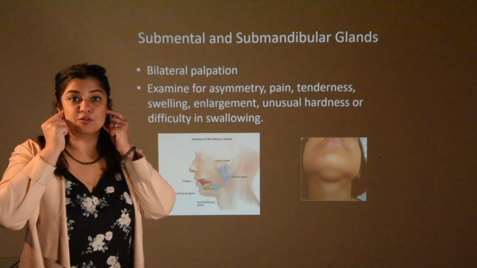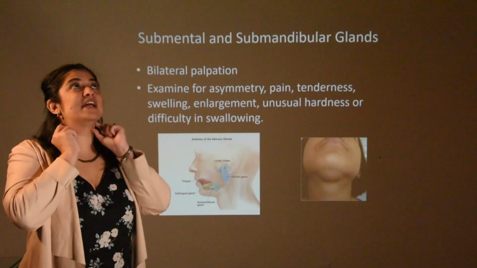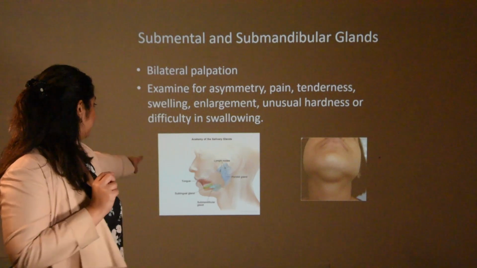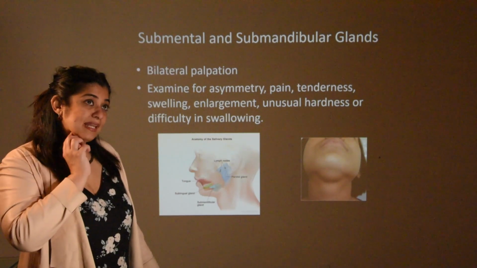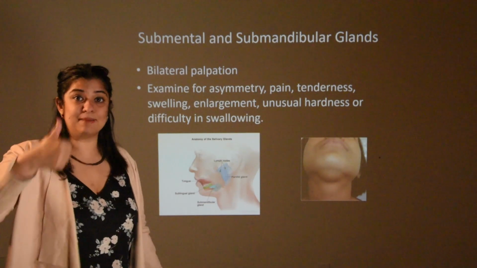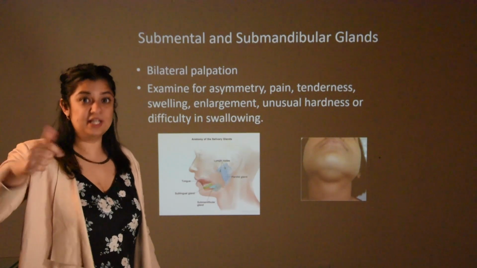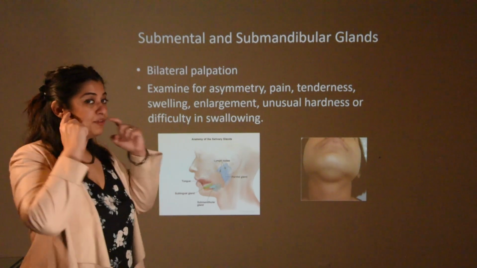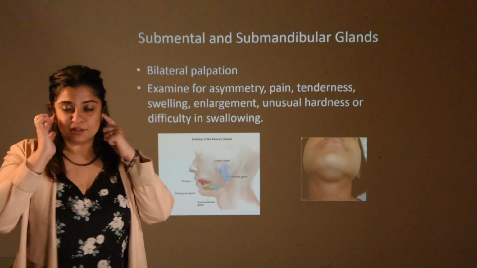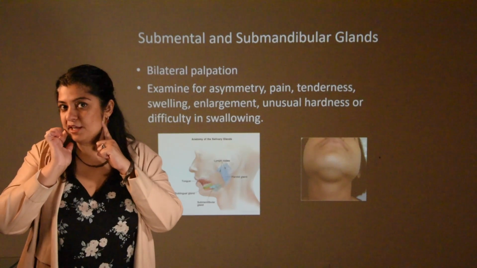And you have your parotid gland right here. Right over here is your submandibular gland that also produces saliva. Under the submandibular gland or along the gland, you have the submandibular lymph nodes. You have the submental lymph nodes right here. You have the parotid lymph nodes right here. The preauricular lymph nodes right here.